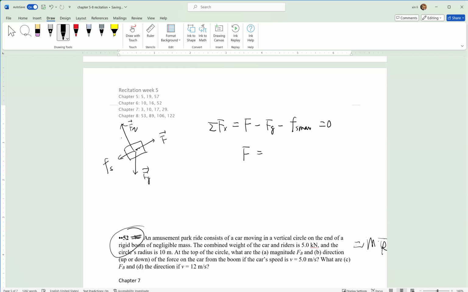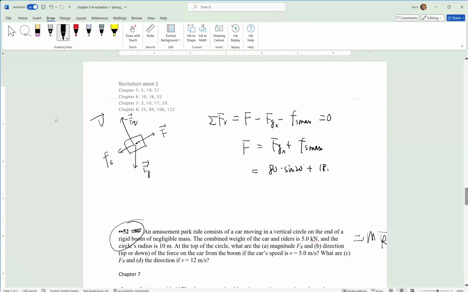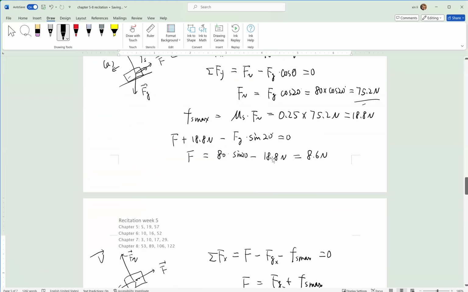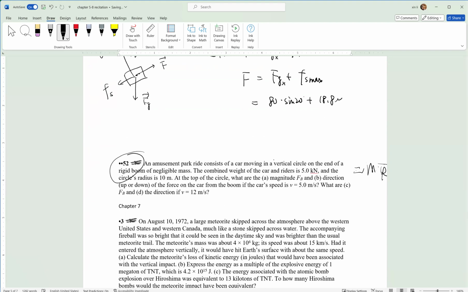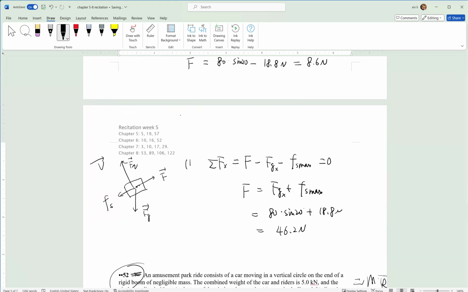So your F will be equal to Fg plus Fs maximal, okay? Because we are going to move up. So your static friction, this is the relative motion, and your static friction should be in the opposite direction. So that's why you should have 80 Gx, don't forget. 80 times sine 20, and then plus 18.8 Newton, and then you are going to get 46.2 Newton. Okay, so this is for part B.